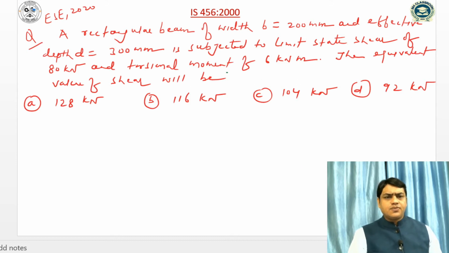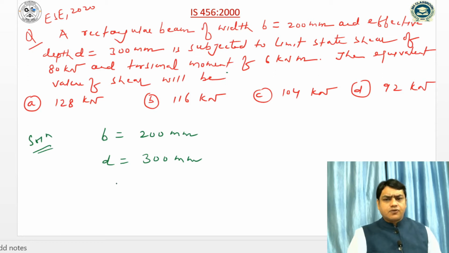Let us take another problem. A rectangular beam of width 200 mm and effective depth 300 mm is subjected to limit state shear of 80 kilonewton. Width of the beam is 200 mm, effective depth is 300 mm, subjected to a limit state shear force VU of 80 kilonewton and torsional moment of 6 kilonewton meter.